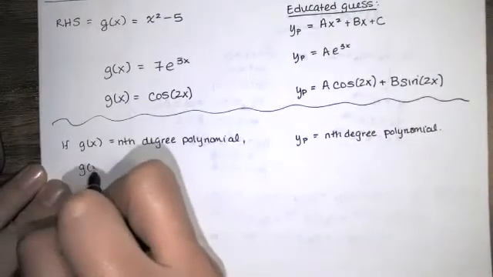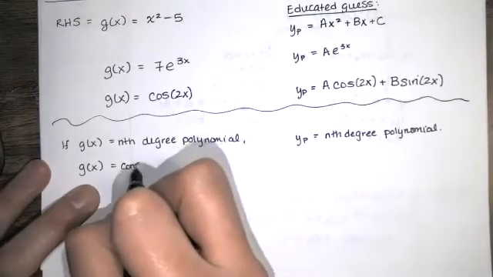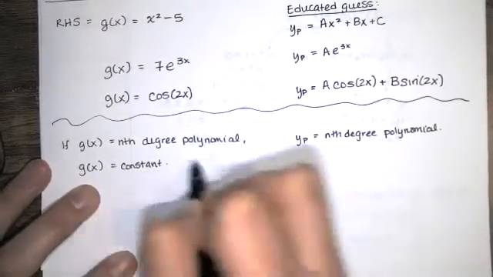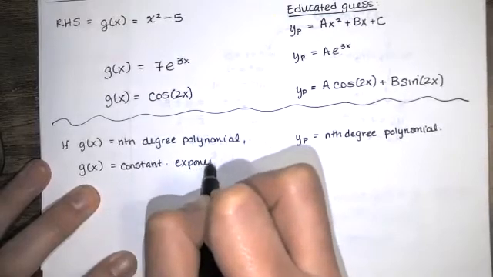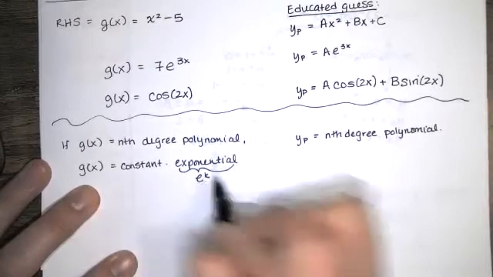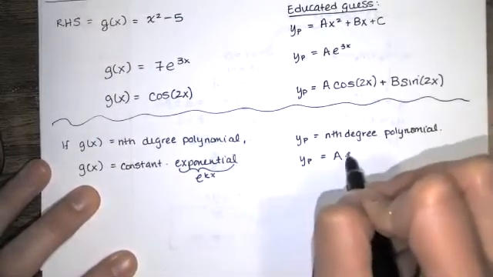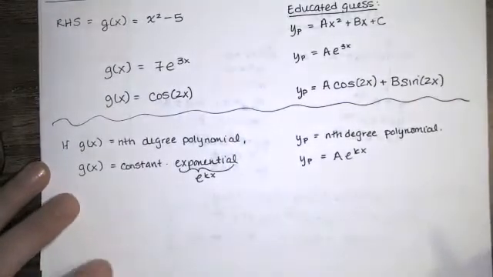If g of x, or the right-hand side, is a constant times an exponential, and maybe this exponential is e to the kx, then I would guess that y sub p is a constant times e to the kx.